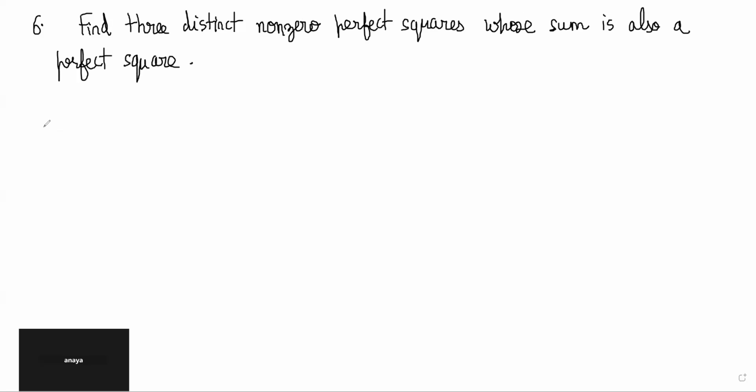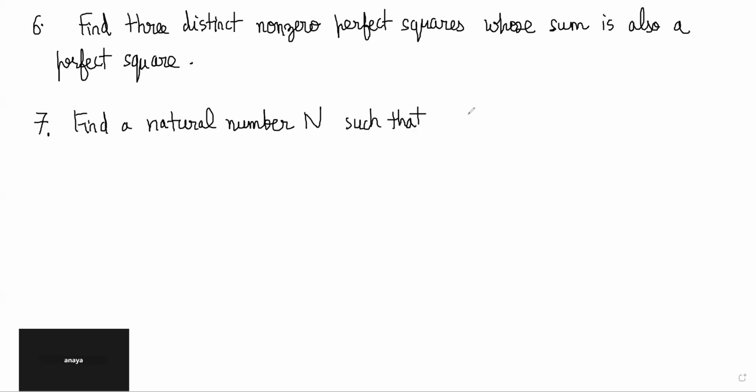That is the first one. And the second one is, find a natural number N such that N minus 76 and N plus 76 are both perfect cubes.